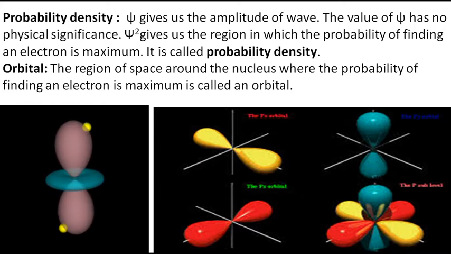Orbitals are sub-levels in an orbit. In an orbit, you will have different types of orbitals: s orbital, p orbital, d orbital and f orbital.